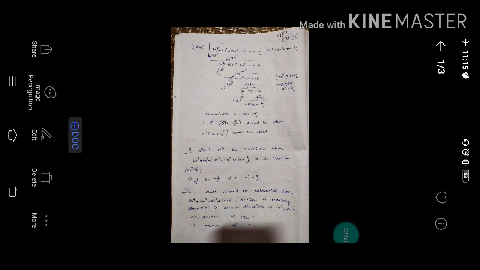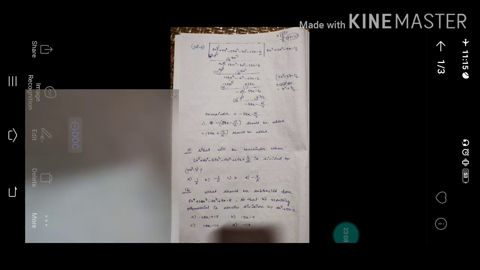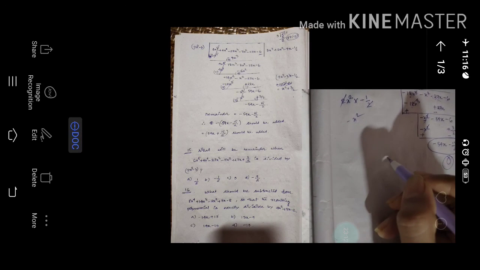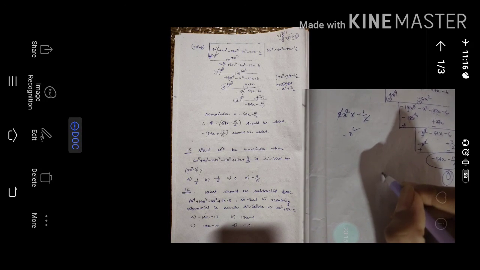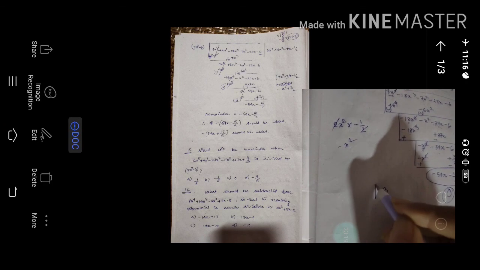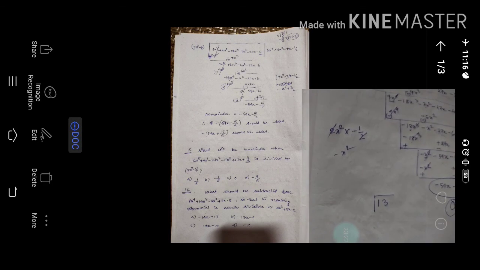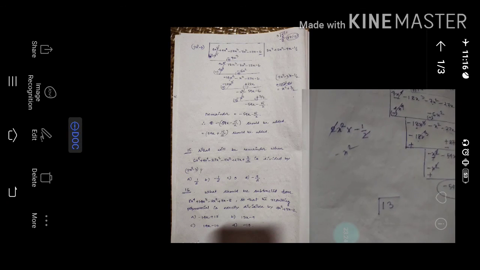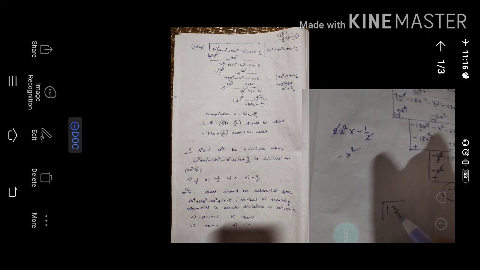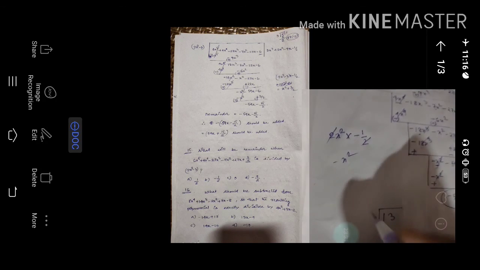So the remainder you are getting is minus 54x minus 15 by 2. Okay, so one thing I have to tell you. See here, suppose it is given 13. The question is, what term should be added to this 13 so that this number will be divided by 2?